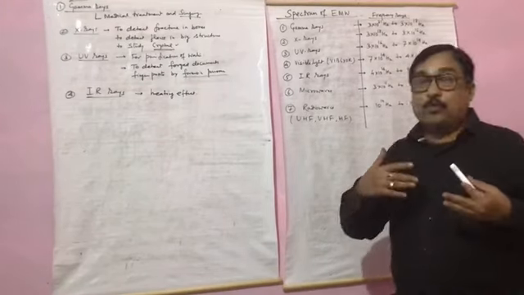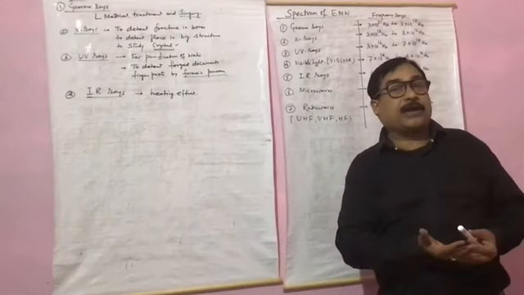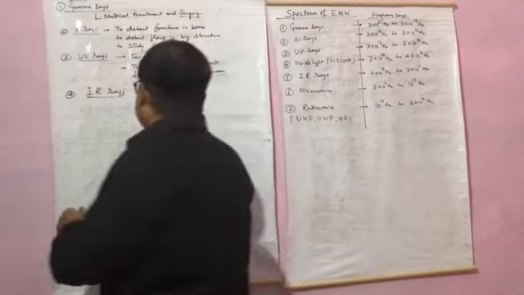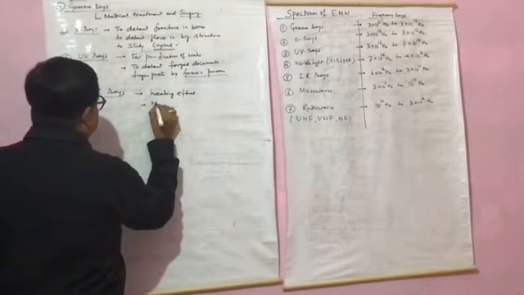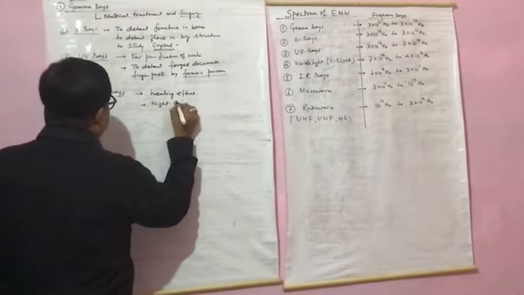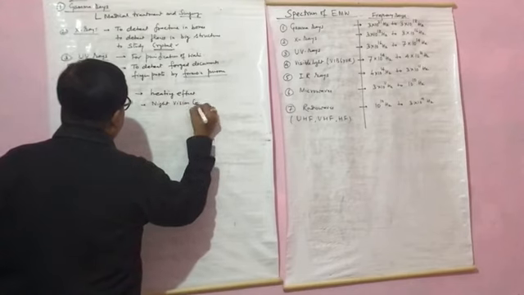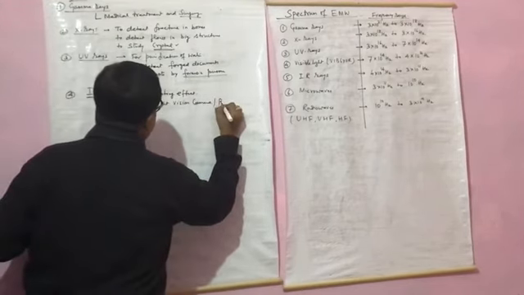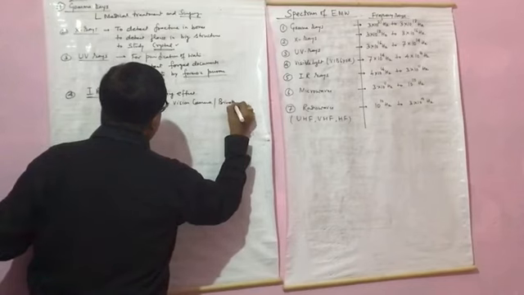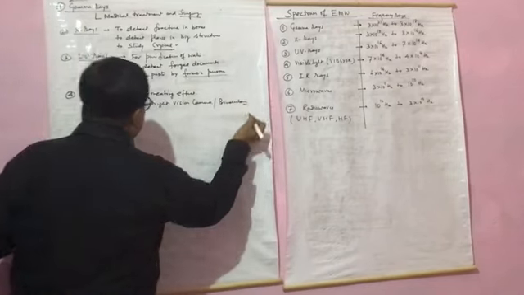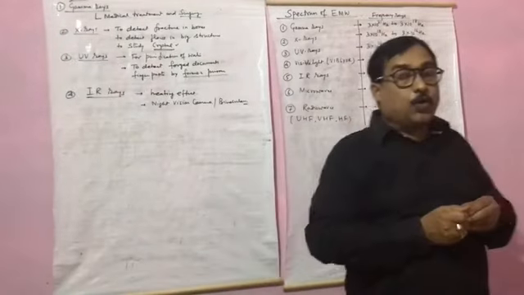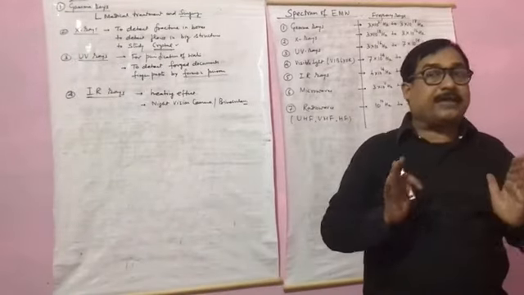Okay, now the most modern use of infrared is night vision camera or binoculars. So night vision camera, suppose we want to take some pictures in the night.